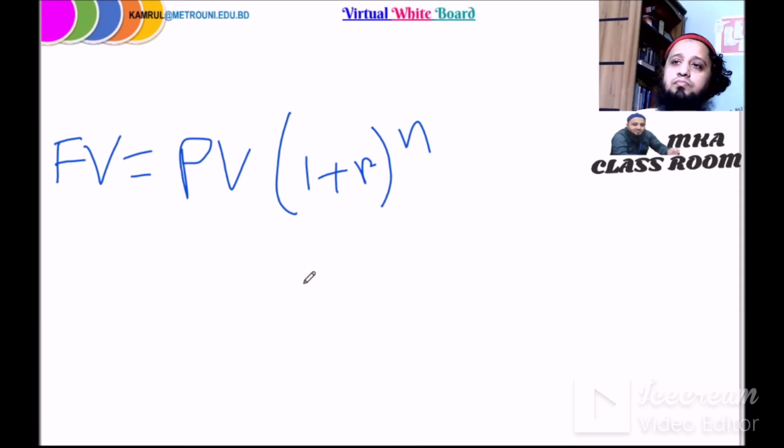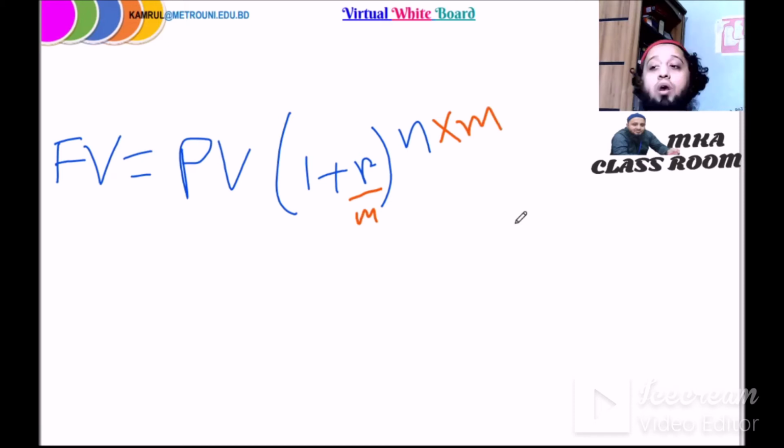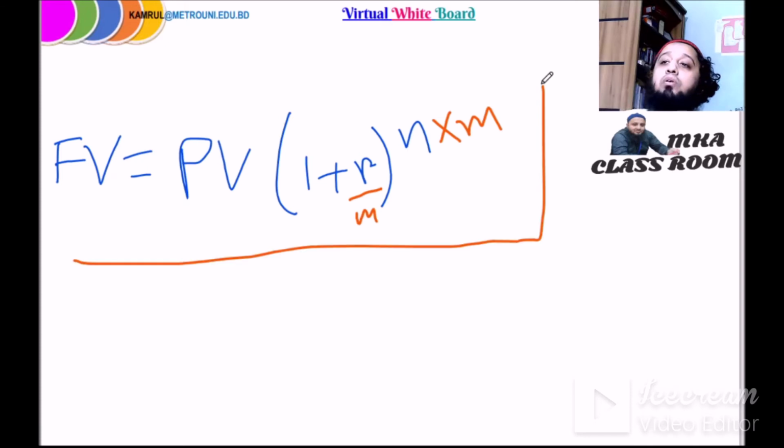Here, the formula for such type of problems where there is more than one compounding or discounting is FV equal to PV into (1 plus R divided by m) power n into m. That is the formula for more than one compounding in a year.